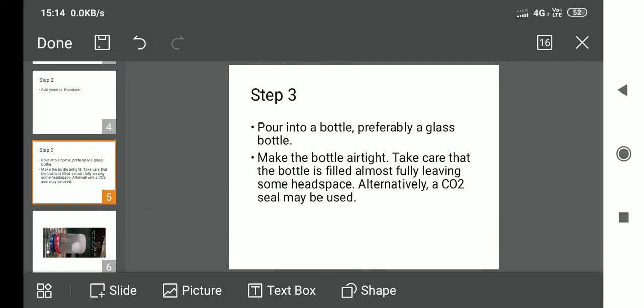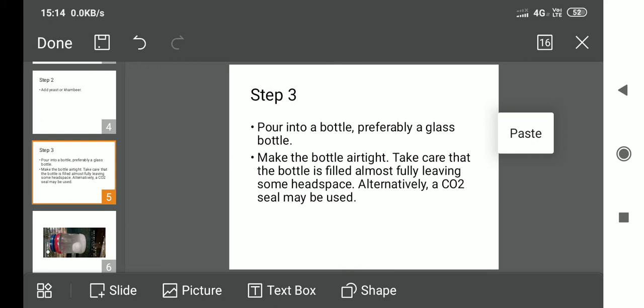Then the sugar solution has to be poured in the bottle, which, as I mentioned earlier, must be a glass bottle or a plastic bottle. The bottle has to be made airtight. We have to take care that air cannot come into the bottle from outside.